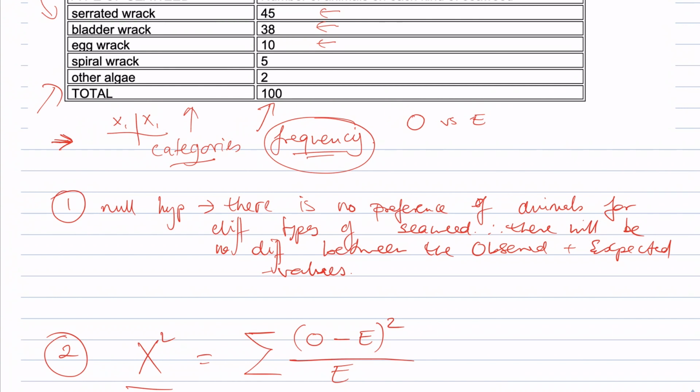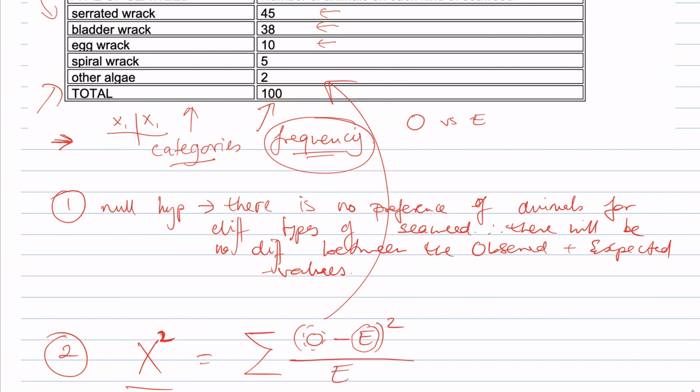Now, once you've decided to do the chi-squared test, the main challenge is that you've got your observed values, which are essentially your original data. Don't forget that these were the observations. This is what the data is. One of the challenges of the chi-squared test is to work out what the expected frequencies should be.